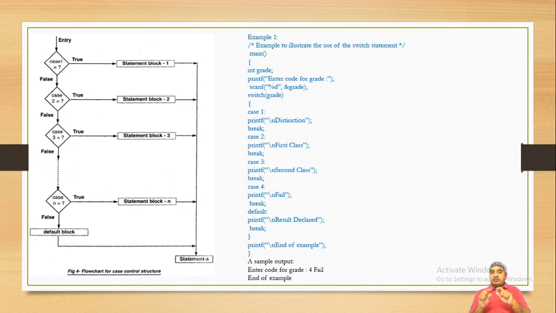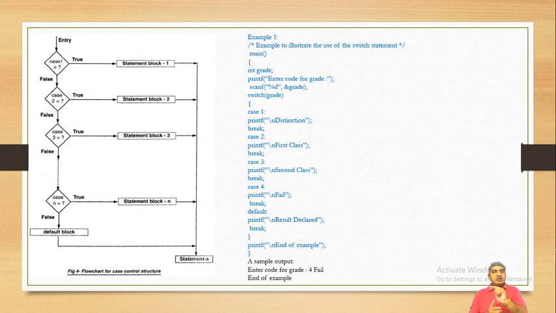This message is displayed on the screen. This is the output function printf, which is terminated with a semicolon. Now input scanf %d. Why %d? Because grade is an integer, and the input is grade.